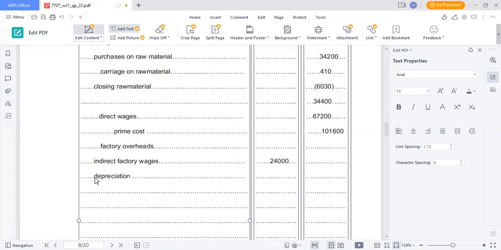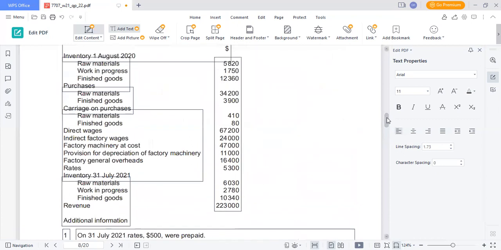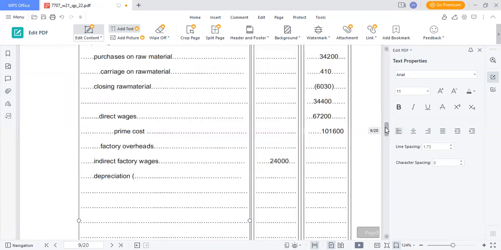Depreciation rate is given as 20% reducing balance method. So we'll be needing cost and accumulated depreciation: 47,000 minus 7,000 minus 11,000. That will be 36,000 multiplied by 20%. That will be 7,200.